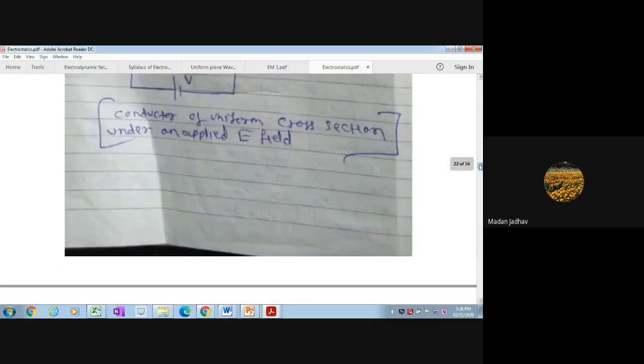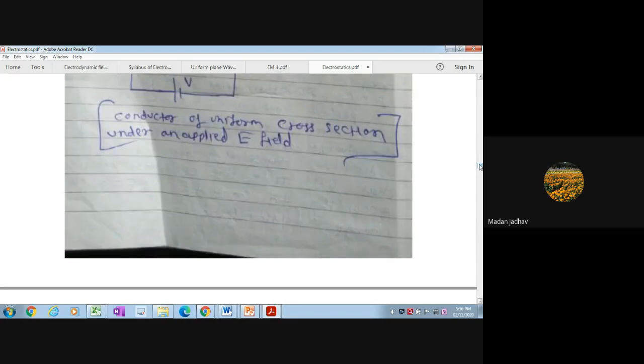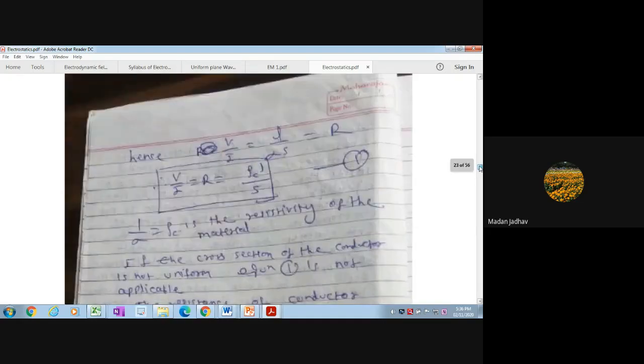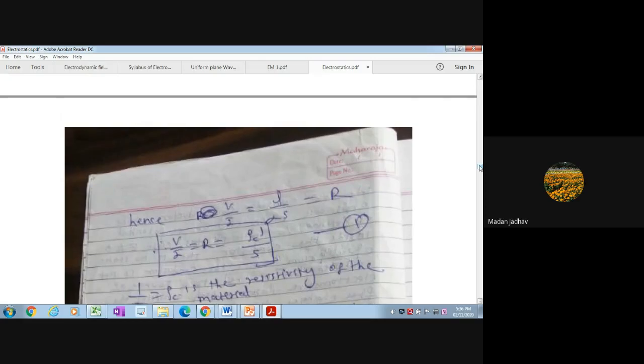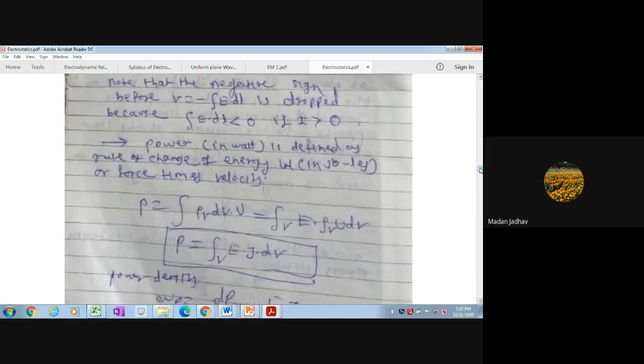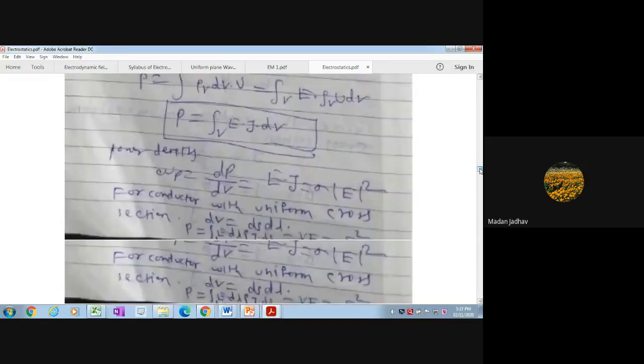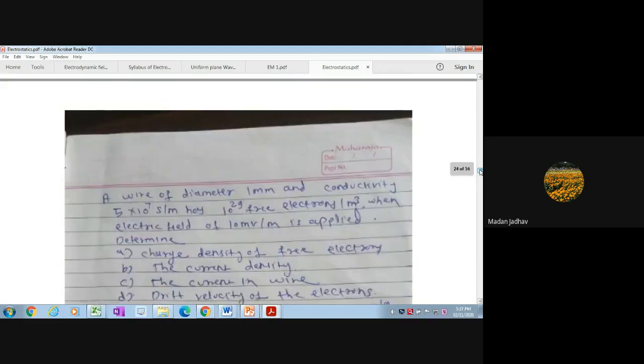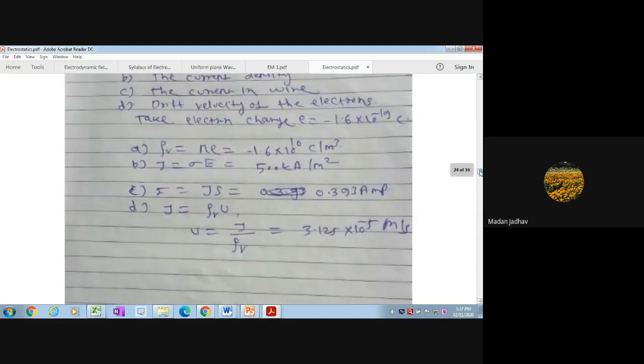That is the electric field E2 in medium 2, the wall made of a specific material having some permittivity. If you know the permittivity of that particular medium, then it is possible to find the electric field intensity in the second medium.